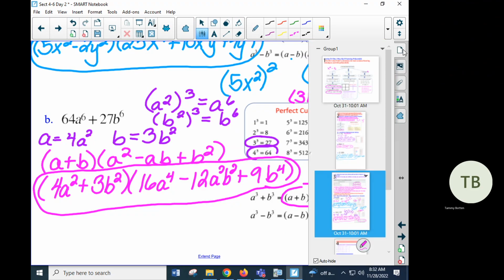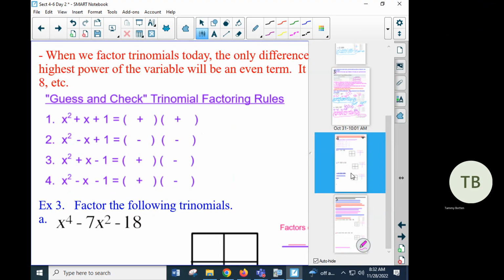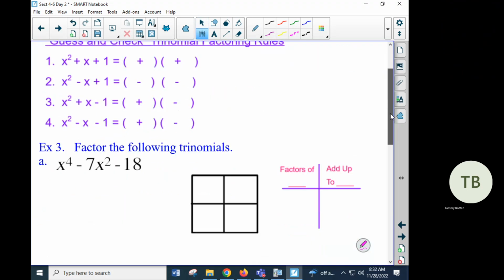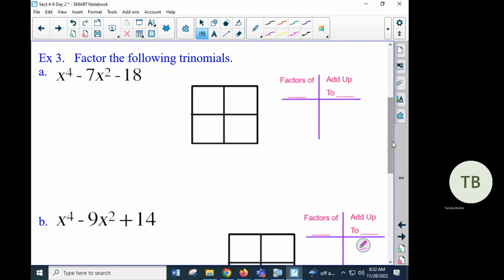Okay. And now if we look here, this is where we are going to use the box, and we're factoring. So this one's a little bit different in that every time we've had this, we've only done an x squared here and an x here, okay? So when you do one that has an x to the fourth, you know how when we typically put them in the boxes, we put an x with each of them?